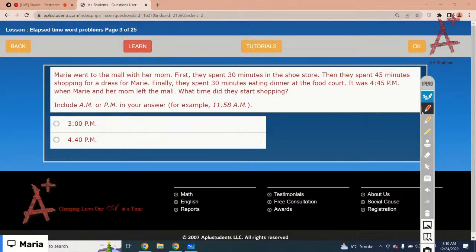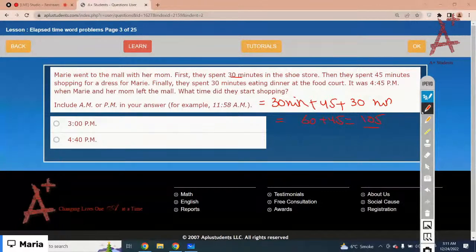So the total time they spent in the mall is 30 minutes plus 45 minutes and plus 30 minutes. Got it? Just add up all the minutes. So 30 and 30 is 60 minutes. 60 plus 45 is 105. Divide 105 by 60.